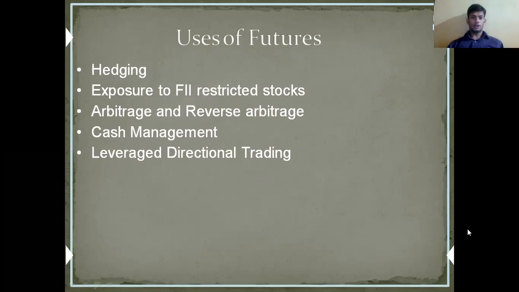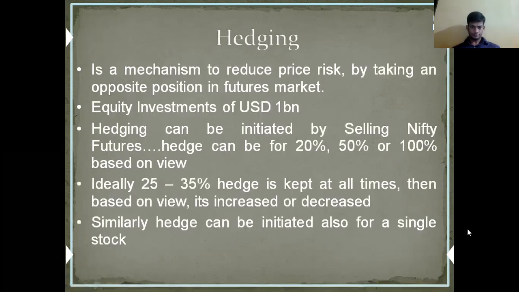The uses of future: hedging, exposure to restricted stocks, arbitrage and reverse arbitrage, cash management, leveraged directional trading. Then what is hedging? It is a mechanism to reduce price risk by taking an opposite position in the future market.